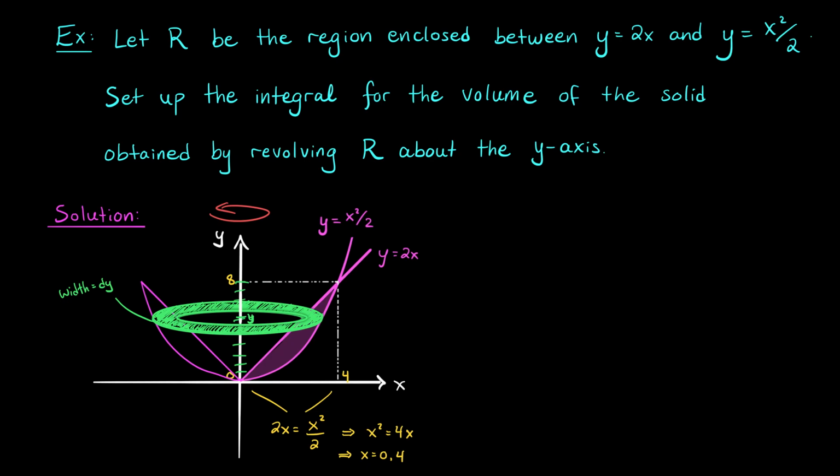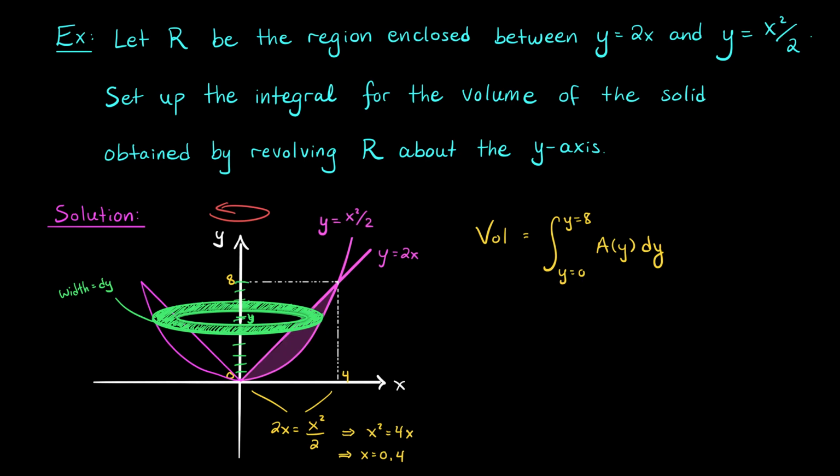We're going to have to set up the volume integral with respect to y. The volume of the solid will be the integral from y equals 0 to y equals 8 of A of y dy. Remember, A of y dy is the area of the washer times the thickness. That's like the volume of the washer. And we're integrating, or adding up, those volumes along the whole stretch of the y-axis from 0 to 8.